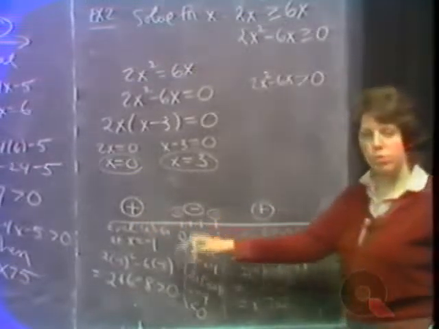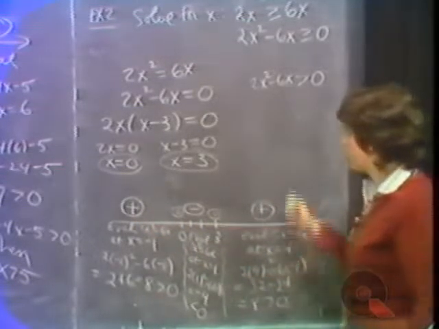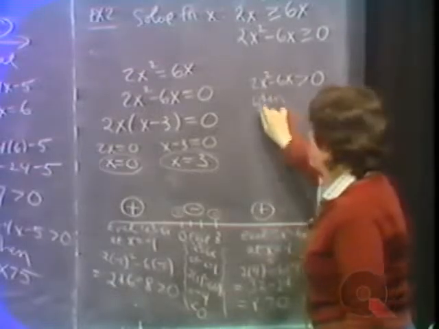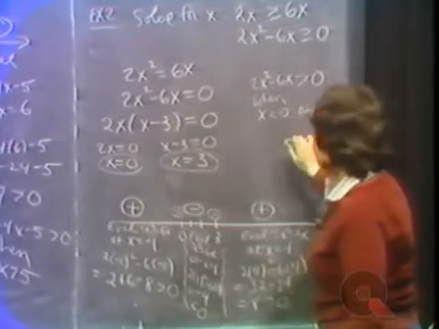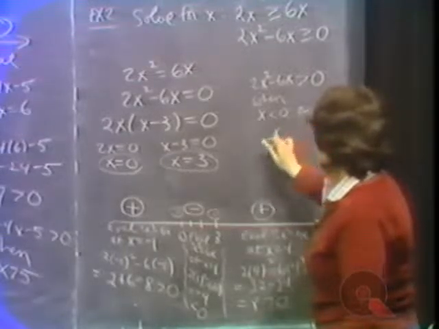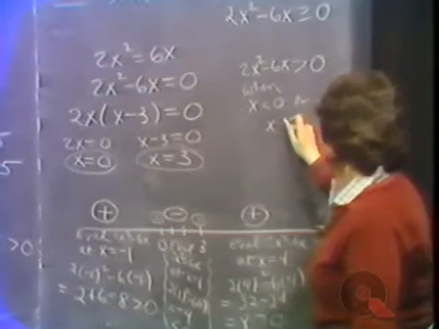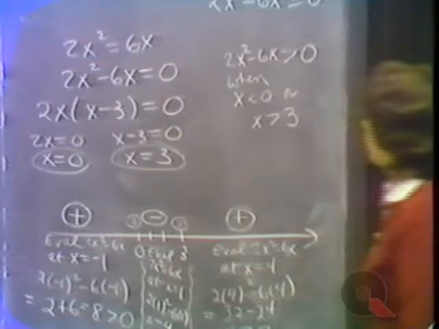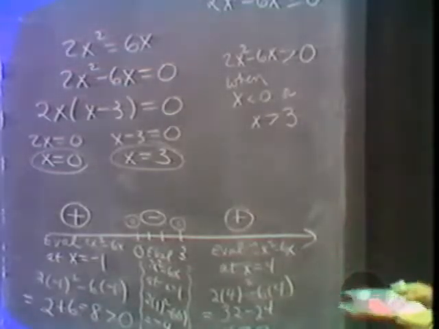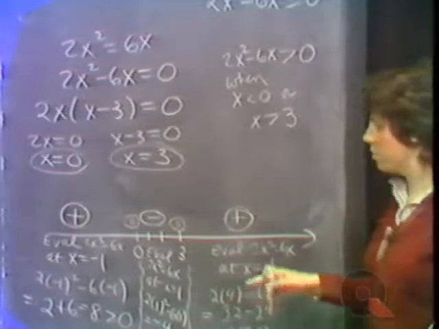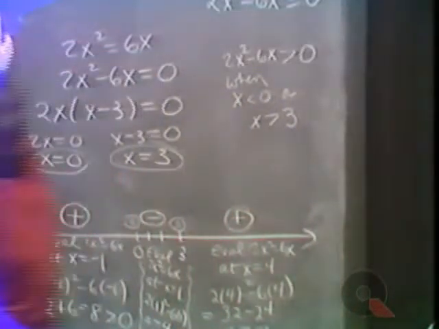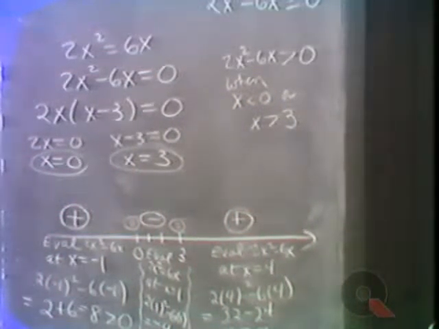It was negative between 0 and 3. It was positive when x was less than 0 or greater than 3. So that's where it's positive, and that's where it's equal to 0. So the final answer is the following.